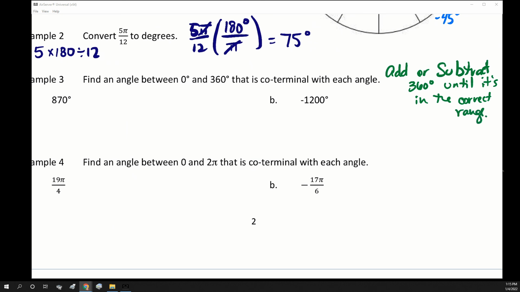If it's bigger than 360 degrees, because we need angles between 0 and 360, then you're going to subtract. If it's lower than 0, then you're going to add.